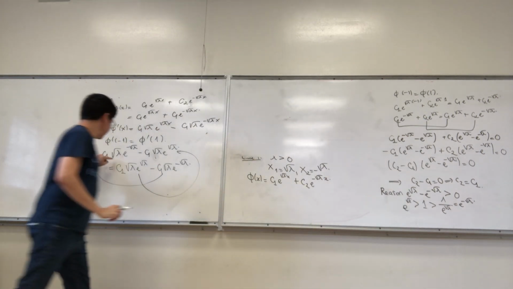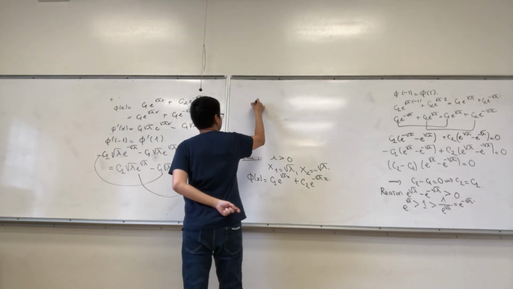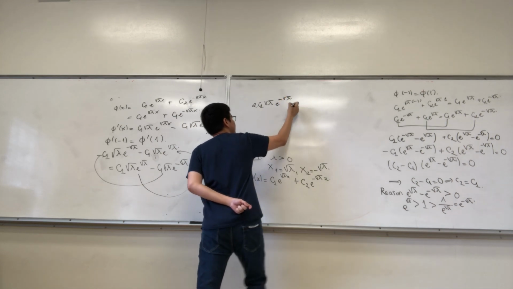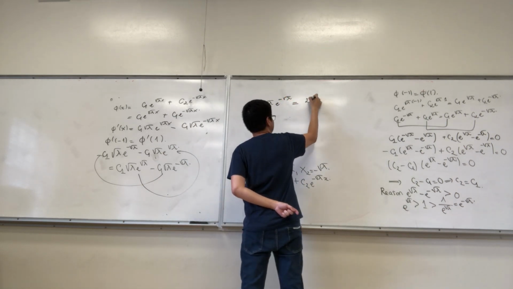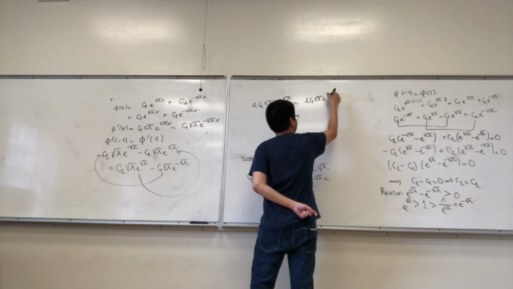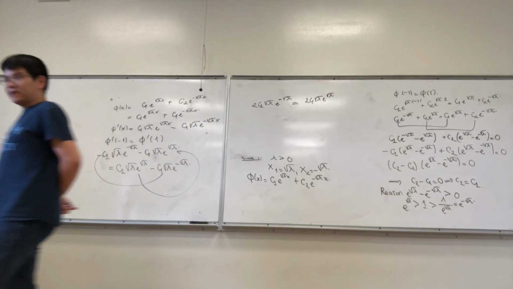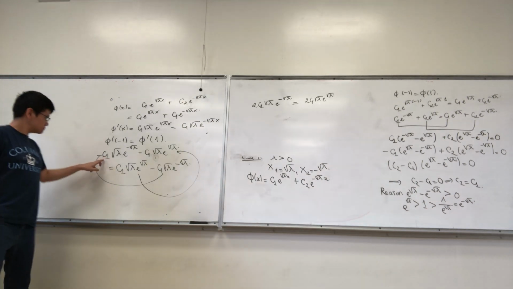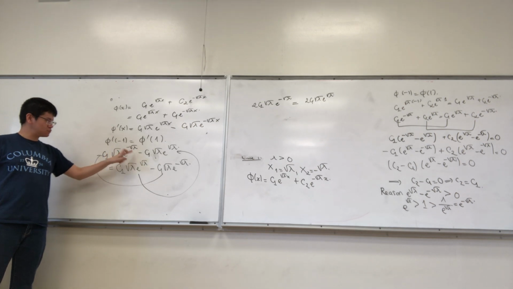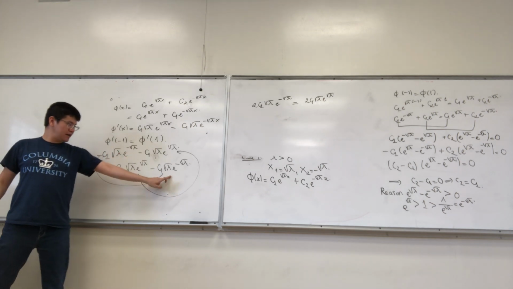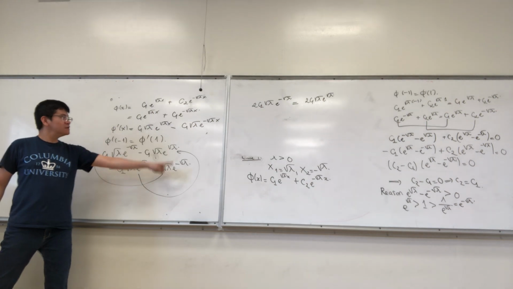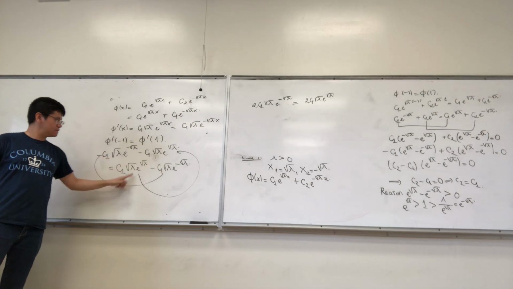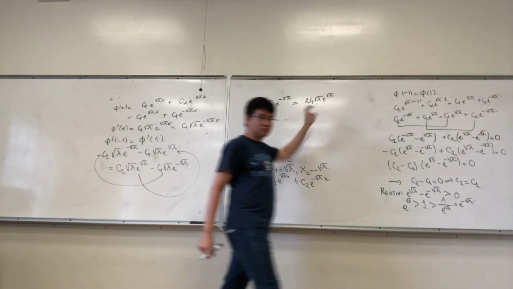So you combine this guy with this guy, so you have 2c1 square root of lambda e to the power minus square root of lambda is equal to 2c1 square root of lambda e to the square root of lambda. Right, so I combine c1 square root of lambda exponential minus square root of lambda with this guy. So this guy and this guy, they're the same. This is why here I have 2.